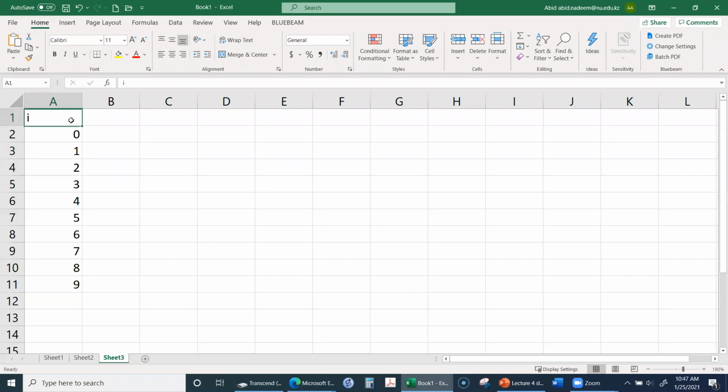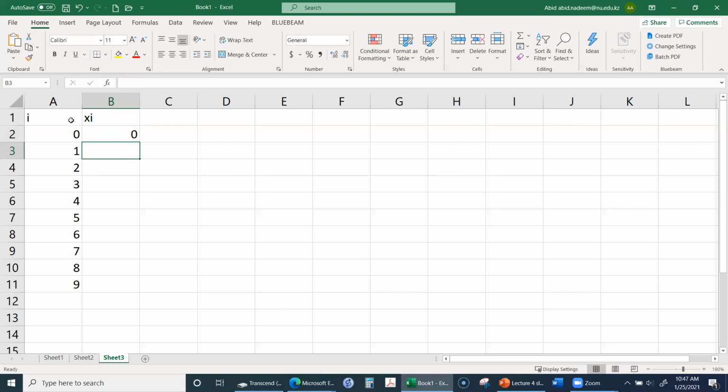These are just the iterations. And then the values of xi, and our function is e power minus x. So we start from 0.